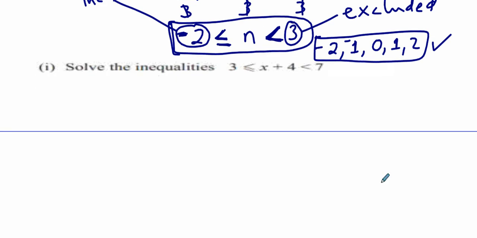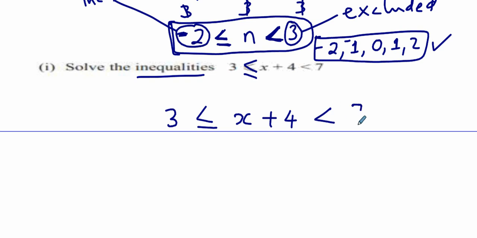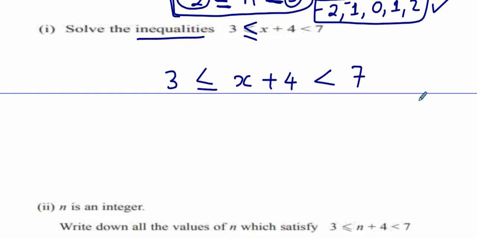Solve the inequalities. We have two inequalities. Inequality number 1: 3 is less than or equal to x plus 4, and then x plus 4 is less than 7. Remember what we discussed? To solve this inequality, we need to leave x alone.